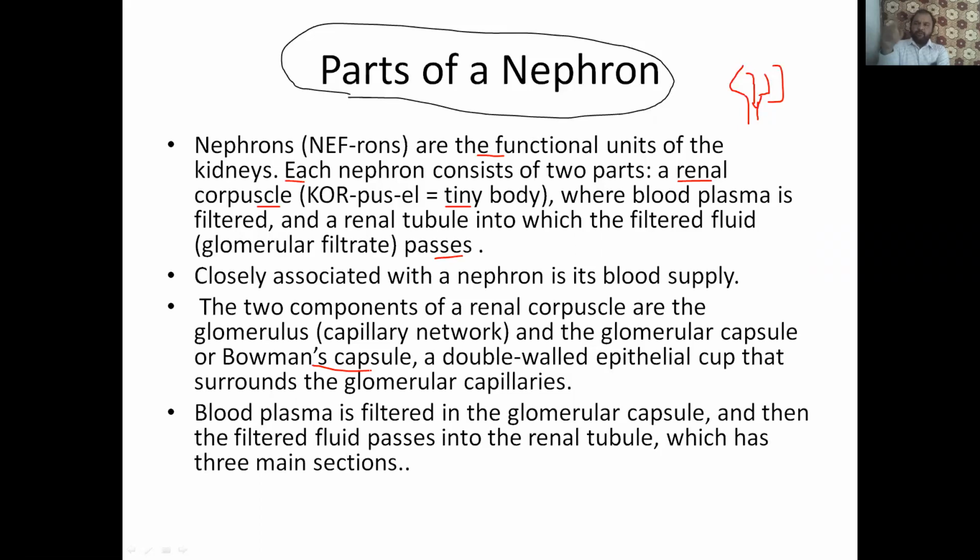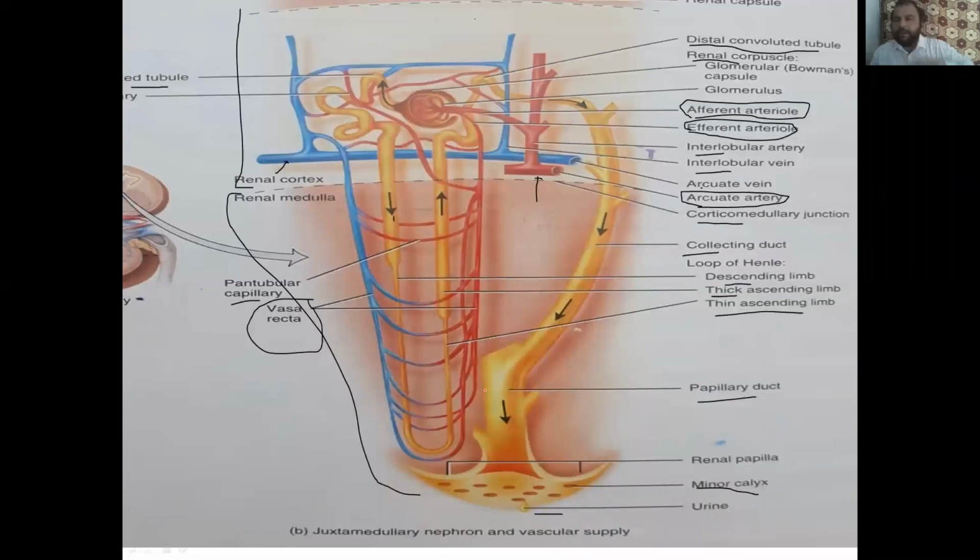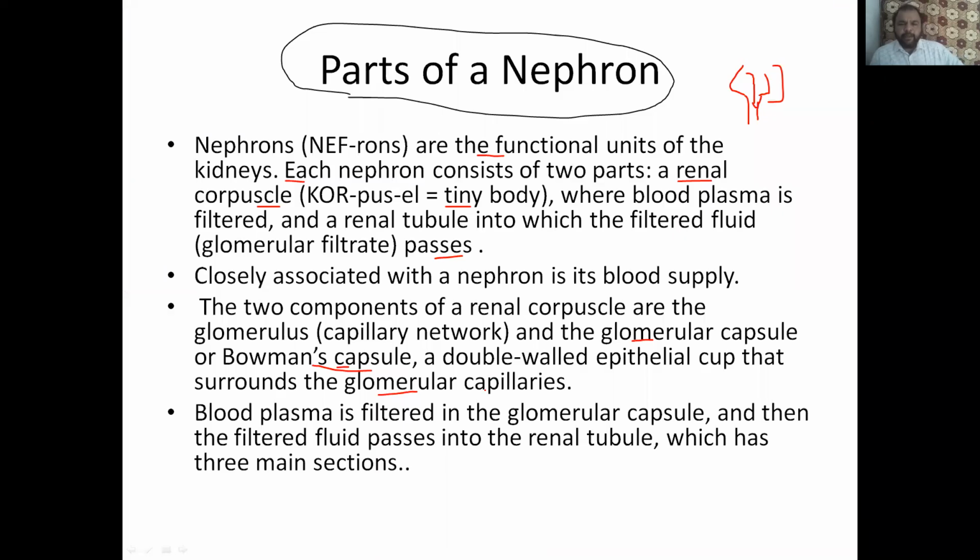One is उसका जो बाउंड्री है वो उसका नाम है glomerular capsule, and what it encloses inside is a tuft of capillary, and that tuft of capillary is called the glomerulus. The glomerular capsule and the glomerular capillary together is called renal corpuscle.